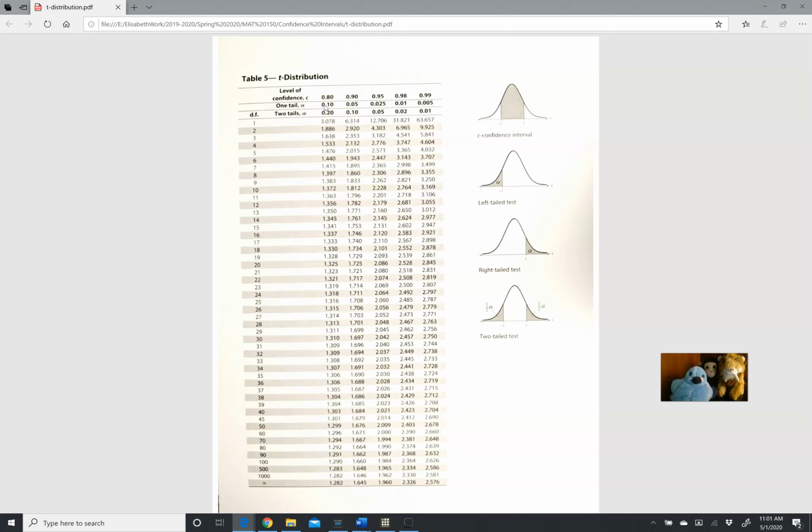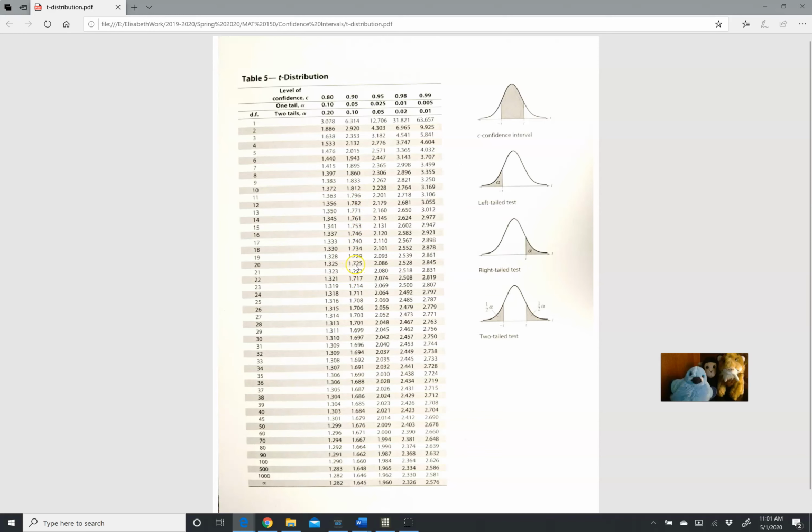Our alpha is 0.05, so we're in this column. Our degree of freedom is 20, so we go all the way down here, and we see the number 1.725.